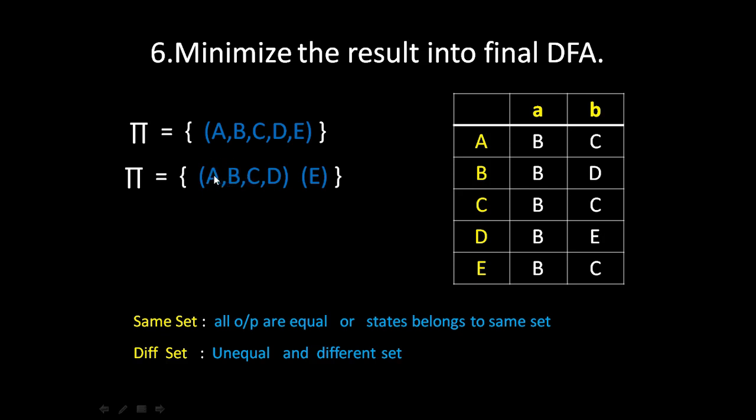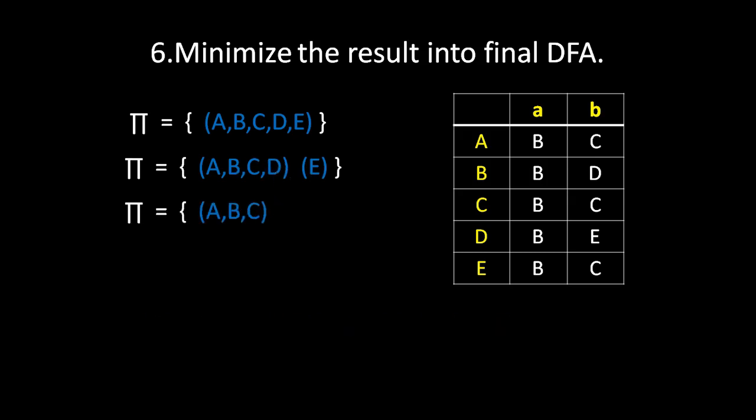Now I do this comparison for A and C. A and C give BC, so both outputs are the same, so I conclude A and C are in the same group. Then I compare A and D. A's output is BC, D's output is BE. So E is in a different group, so I treat D as a different set. So I write like this: ABC in one group, then D as a separate group, and write the previous one. Now I repeat the scanning again.